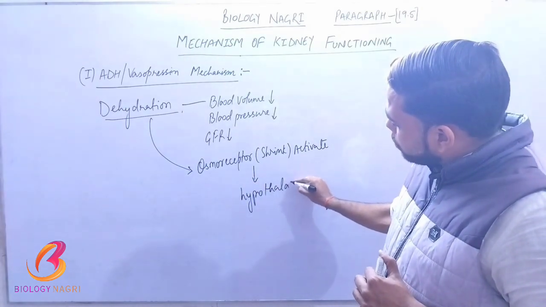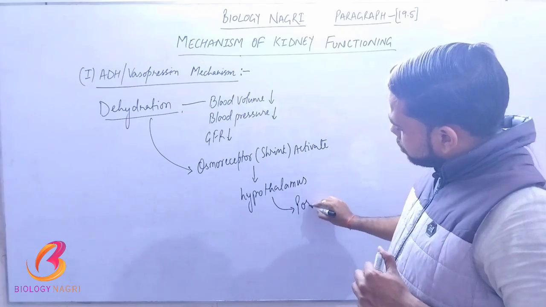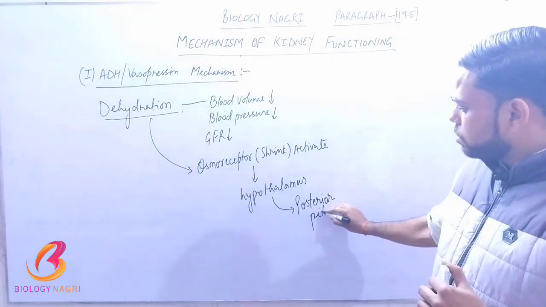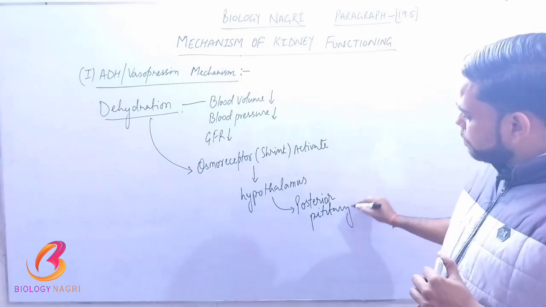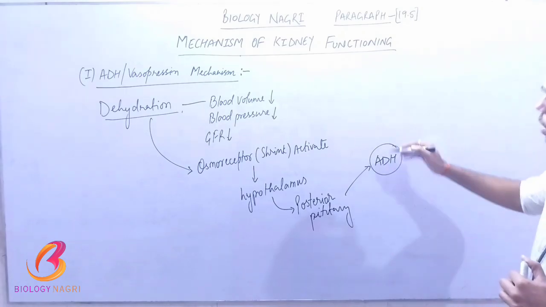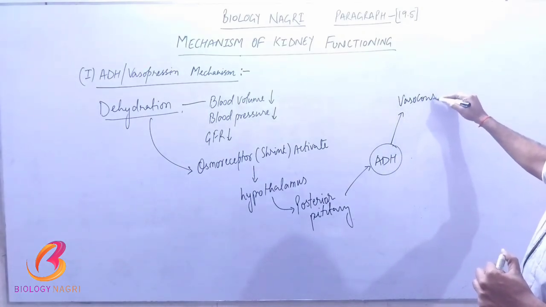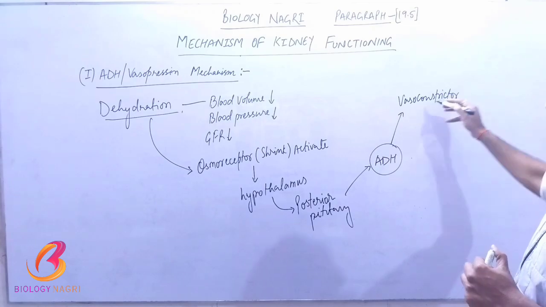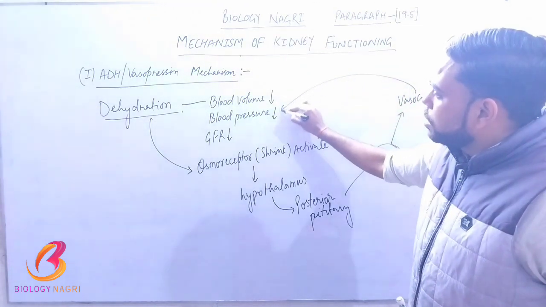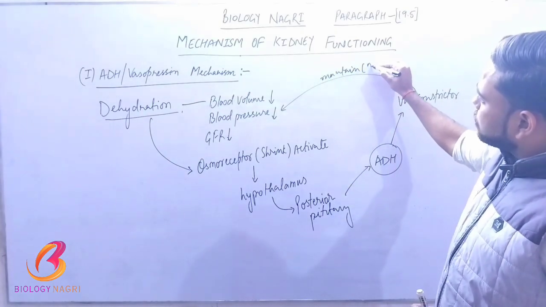The hypothalamus sends the message to the posterior pituitary, which releases ADH, the antidiuretic hormone, and this is a very good vasoconstrictor. It constricts the blood vessels and finally increases and maintains the blood pressure.